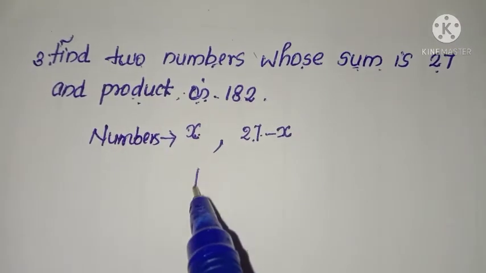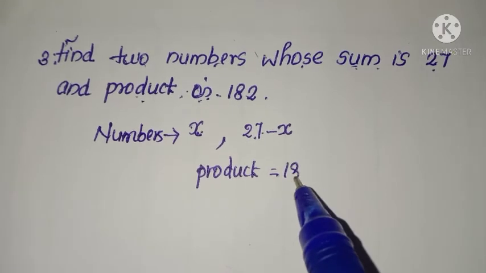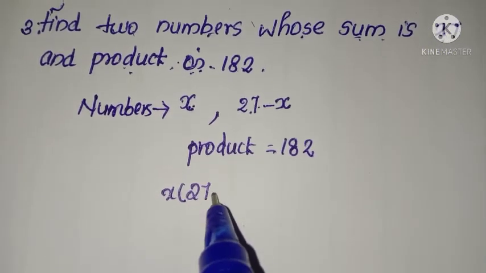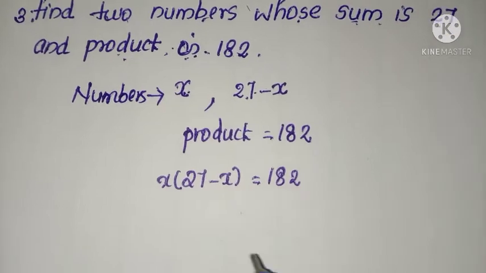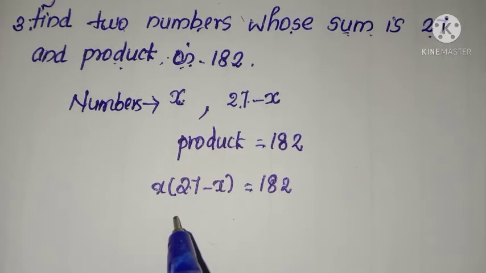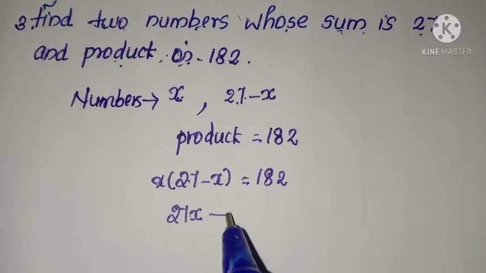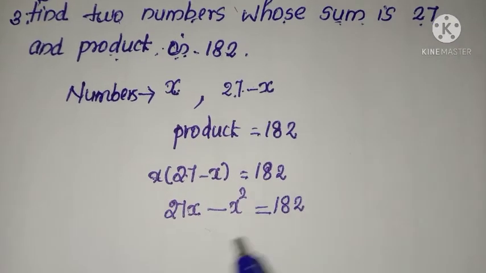Now the product is given. The product of these two numbers is 182. That is x into 27 minus x is equal to 182. Now open the bracket. x into 27, 27x. x into minus x square, equal to 182.